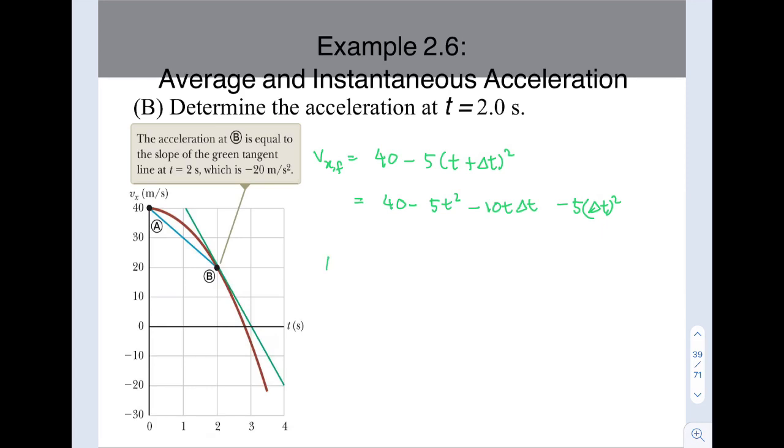So delta V along X must be Vx final minus Vx initial, which is negative 10 t delta t minus 5 delta t squared.